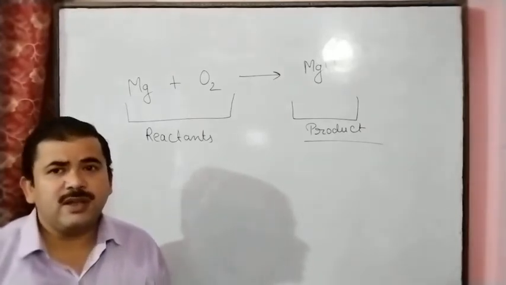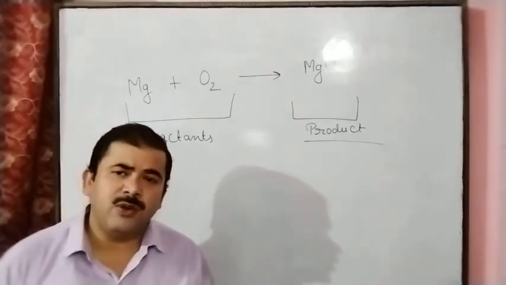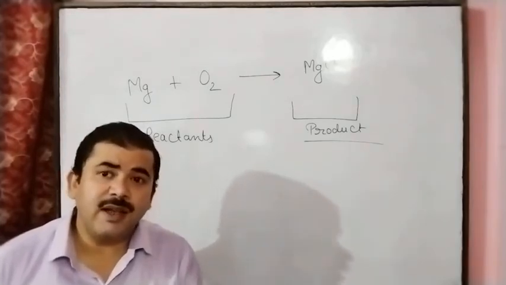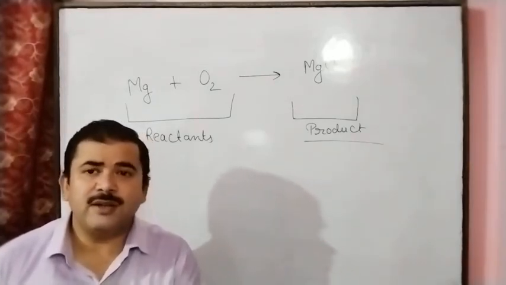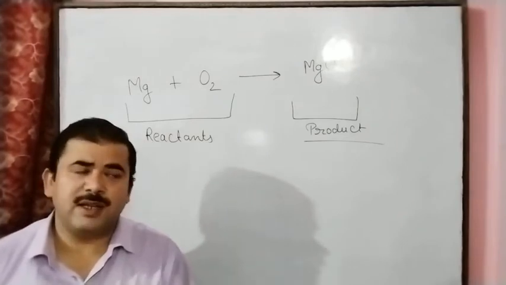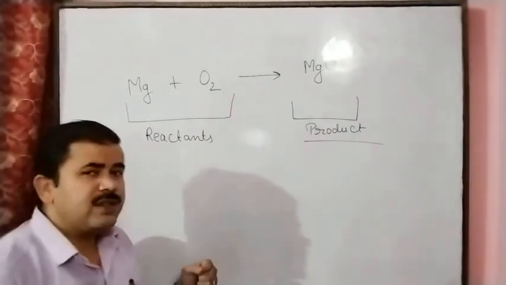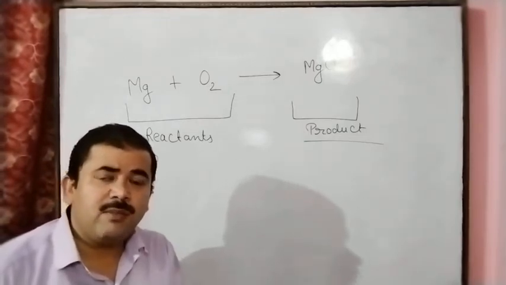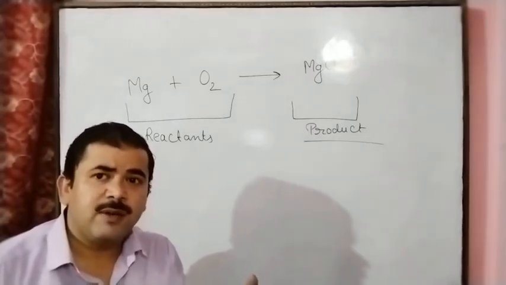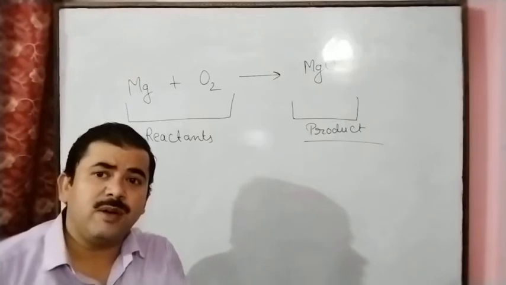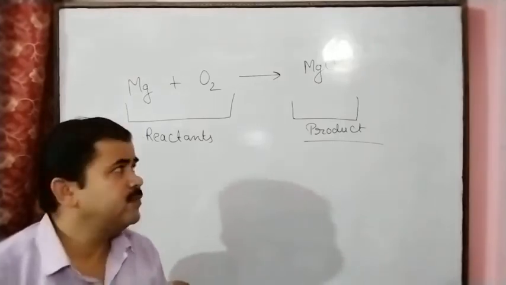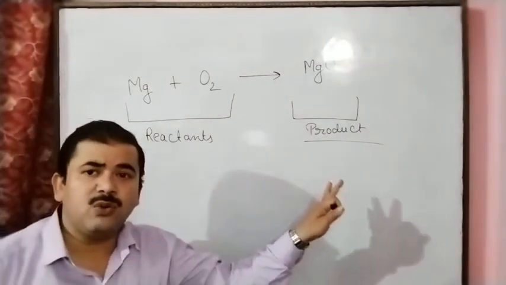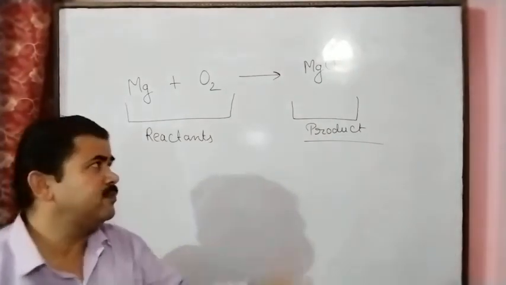In an easy way, the total mass of the reactants must be equal to the total mass of the products.